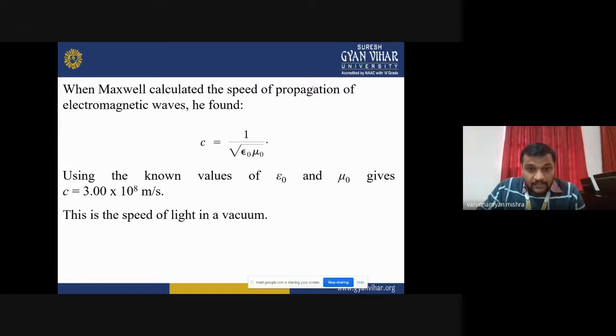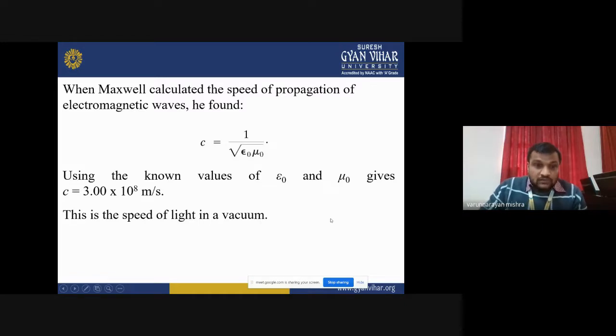Epsilon zero, the permittivity, relates to the electric charge, and the permeability relates to the magnetic field. These are constants, and Maxwell used them to calculate the speed of light. It is a very lengthy calculation to determine the speed of the electromagnetic wave.